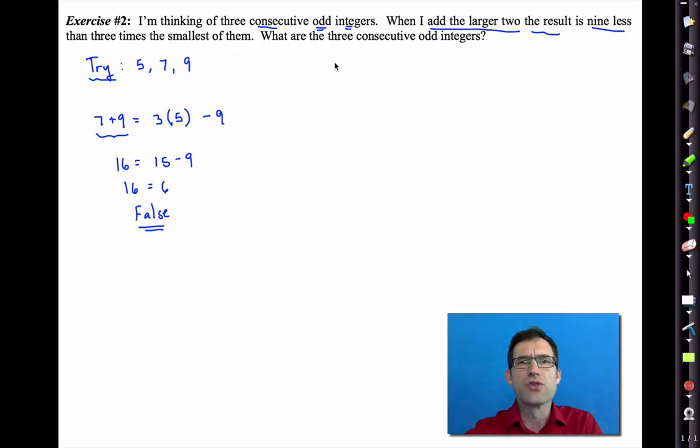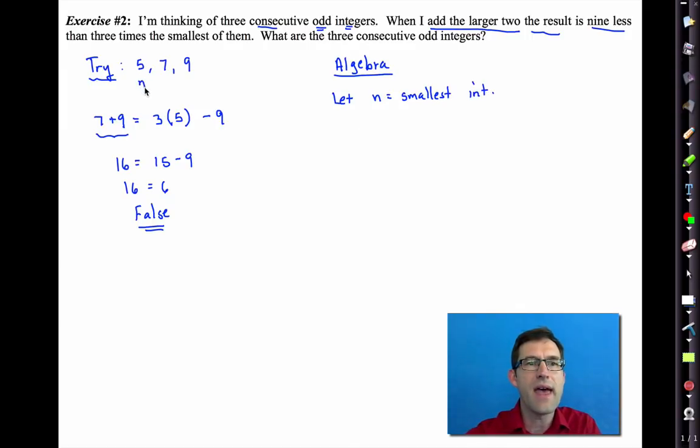All right, now the algebra. Let's lay the algebra out. We're going to let n be equal to the smallest, or the first, integer. Now, if this is n, then what's 7? Well, to get to the next odd, we add 2.